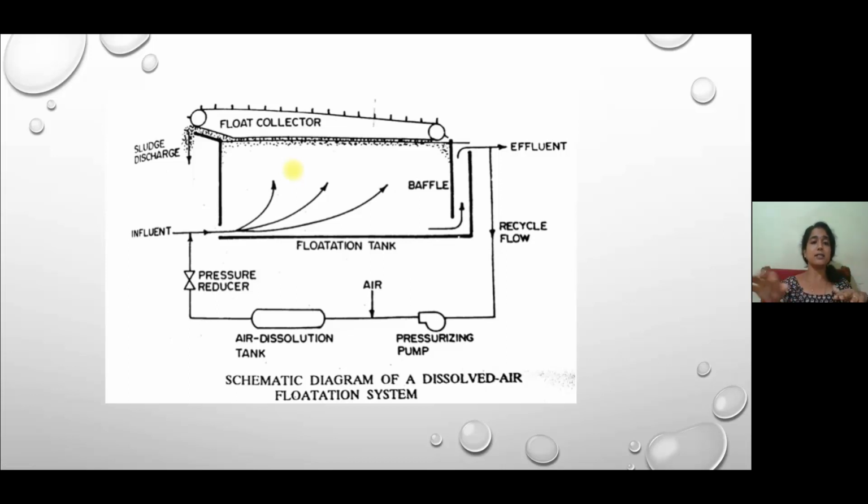This sludge blanket is removed by the float collector, that is a rotating conveyor belt, and the supernatant is collected through the effluent part and recirculated into the tank itself. The recirculation depends upon the quality of the effluent coming out. Depending upon the quality, the recirculation will be 30 to 150% of the influent.